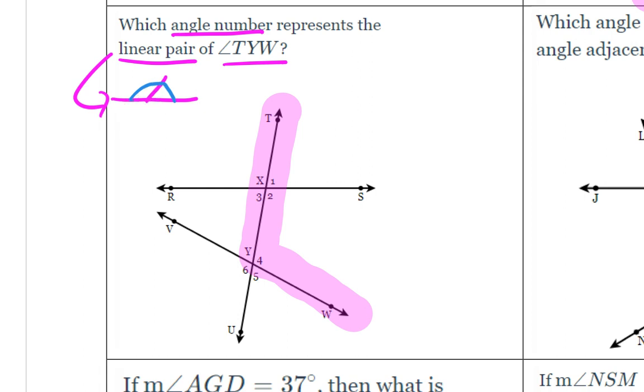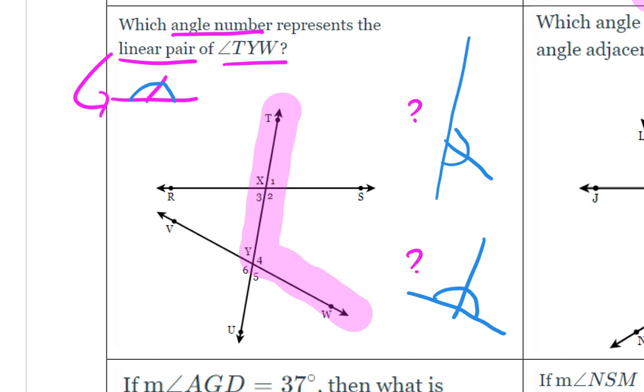Okay, so we said it's going to look like this, right? So it could be like this, or it could be like this. Okay, so which one is it? Is it this one, or is it this one? Well, they said which angle number. If we did it like this, the angle number would be 5, right?